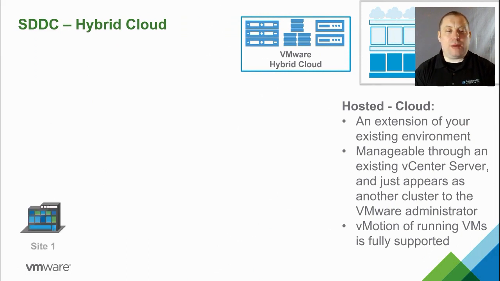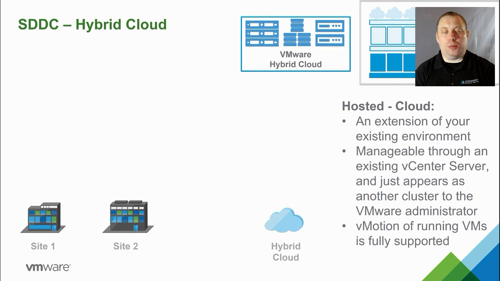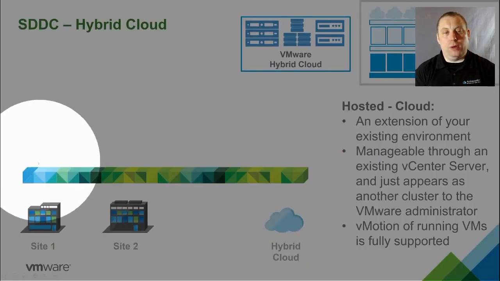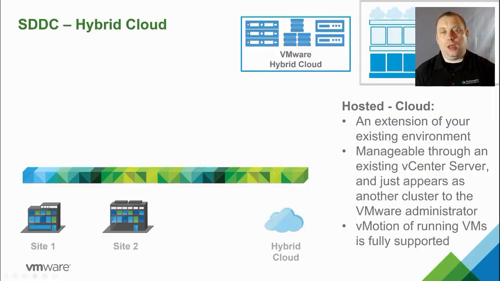So an example of that might be that you have a couple of sites plus a hybrid cloud. Again, hybrid cloud through a VMware cloud provider comes with a cut down version of NSX, which can do this, making the network work across multiple sites. And what you can then do is have this consistency across your sites.